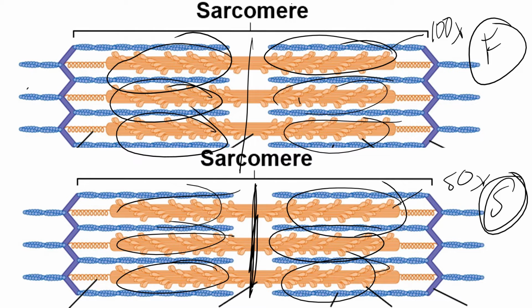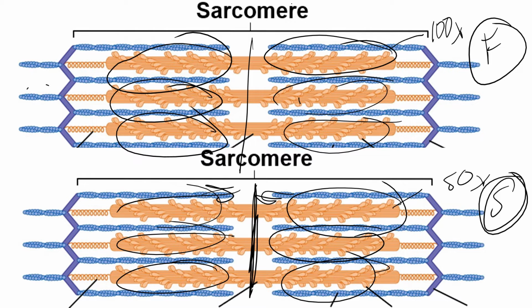They only have the theoretical ability to interact with actin 50 times over the course of a second. And if they can only cycle 50 times over the course of a second, then actin in the slow twitch fiber is going to be pulled towards the M line at a much, much slower rate, half the rate. Right? The shortening velocity in my example with this slow twitch muscle fiber is going to be half the rate compared to the fast twitch muscle fiber.